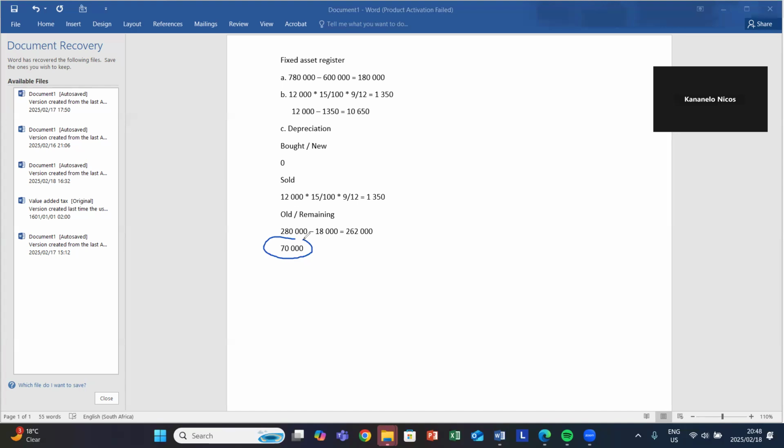Why am I minusing it? Because I've disposed of it. Now I'm looking for all the remaining, the asset that stayed in my business for 12 months. So you'll also have to minus the accumulated depreciation at the beginning of the year for that asset that you sold.